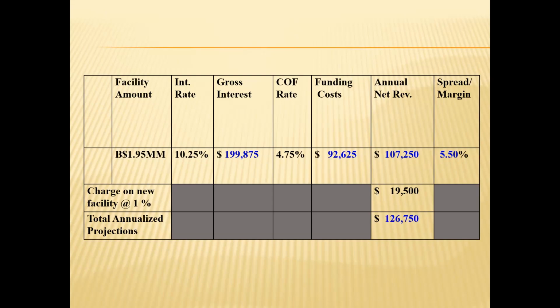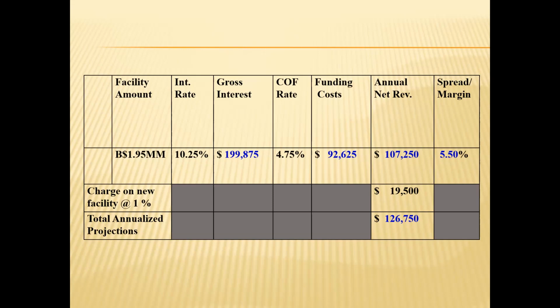Add the 107,250 plus the 19,500, you get 126,750. Excellent. So everyone understands that? Yes, sir.